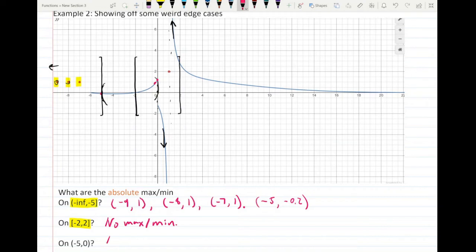So on this interval, there is no maximum. But the minimum happens right around this little dip right here, at about a horizontal distance of -4 and a height of, we'll say, about -0.25.